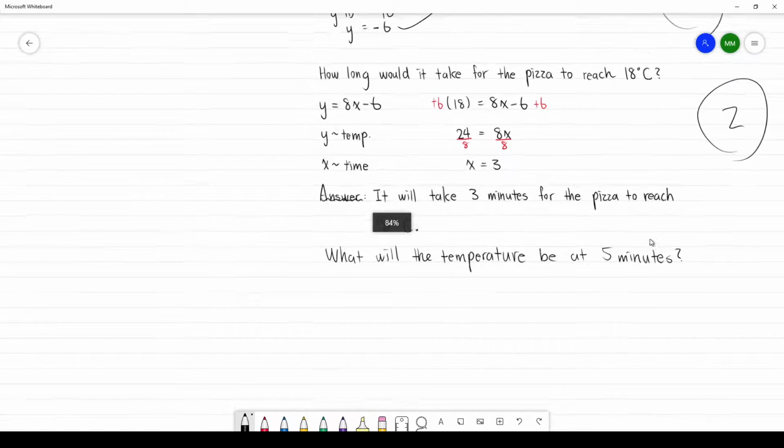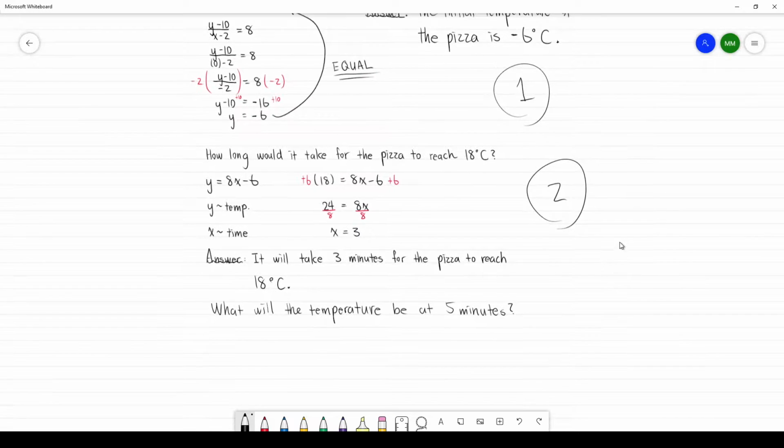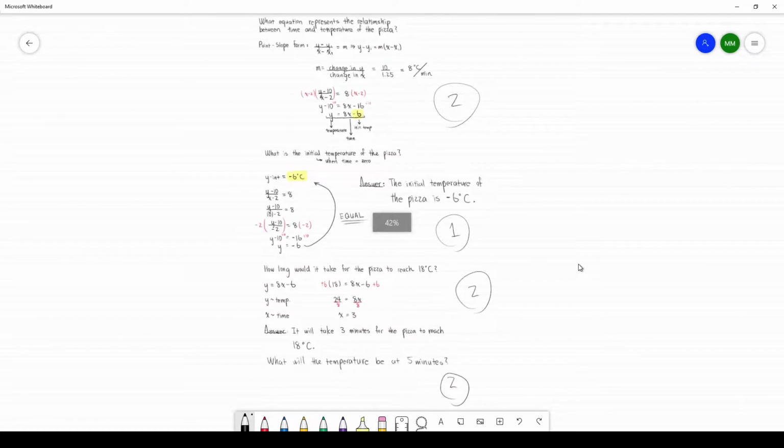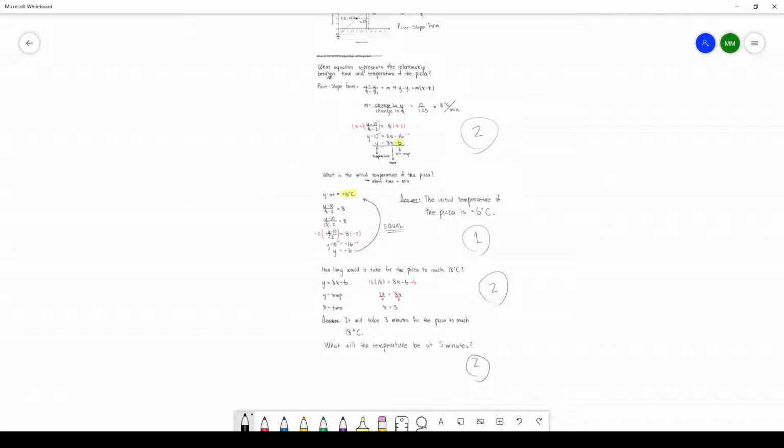So this is the other classic problem that teachers might ask, and this is again out of 2, so I won't solve this. In total, this whole question is out of 2, 4, 6, 7. So a question like this, if it is a written question, it is out of 7 marks.